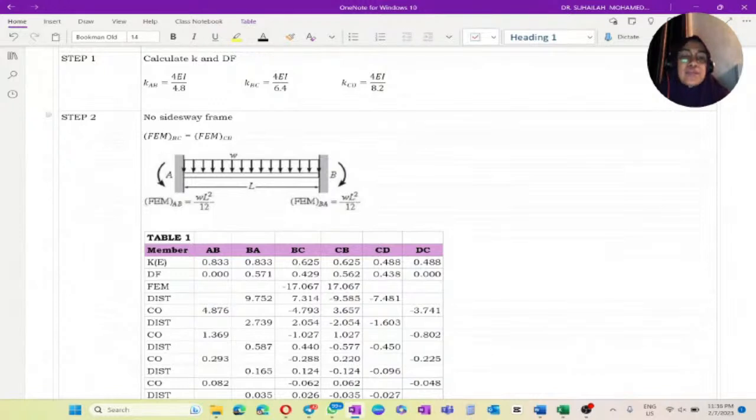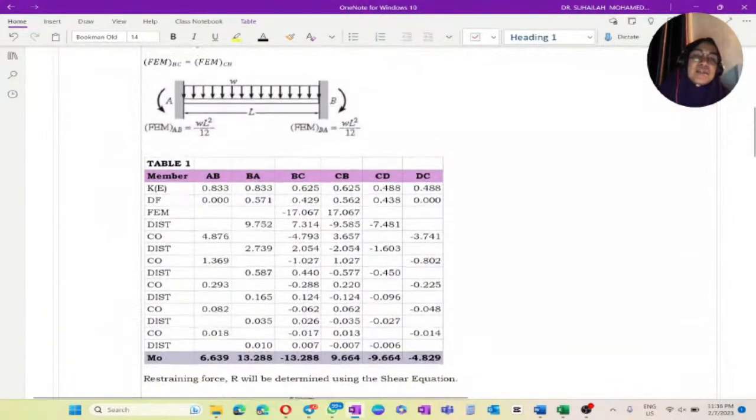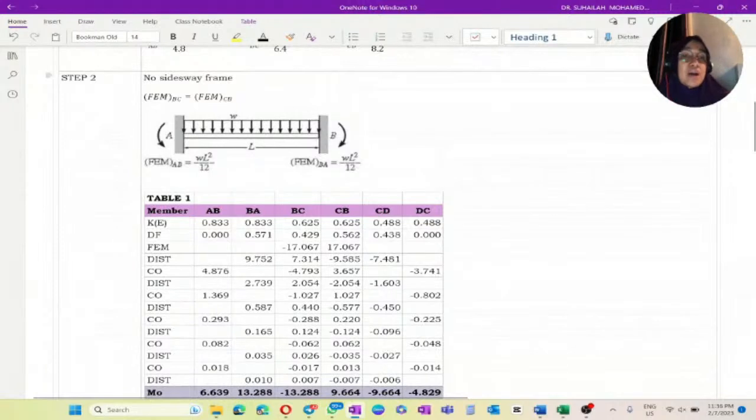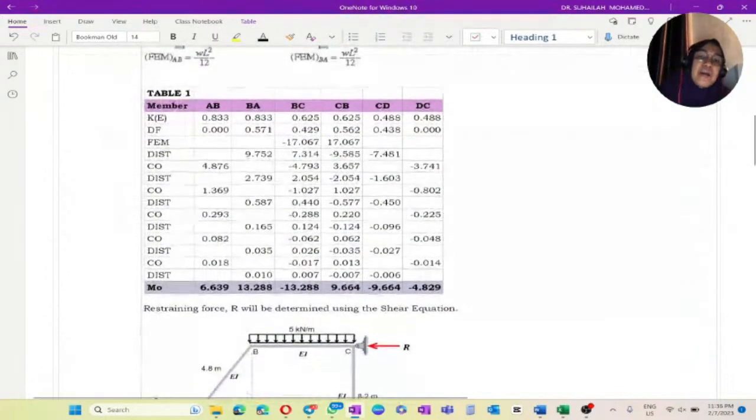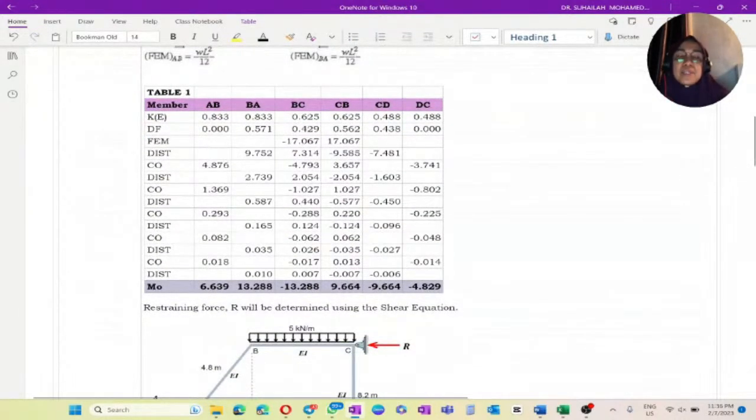Due to external loading, we put the FEM into table number 1. In the video after step 2A, I have explained in detail about the distribution table.